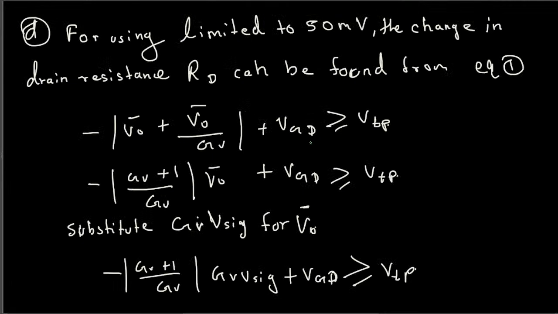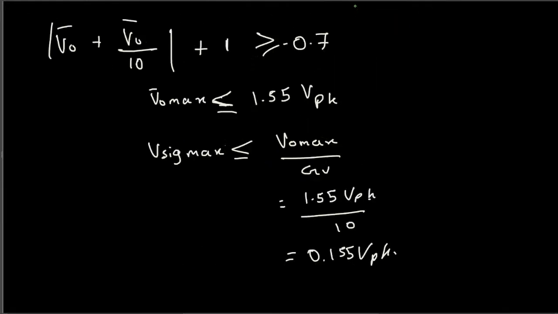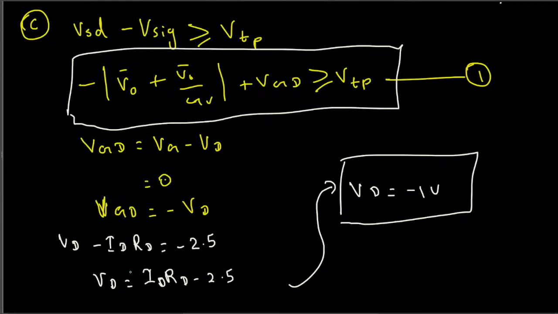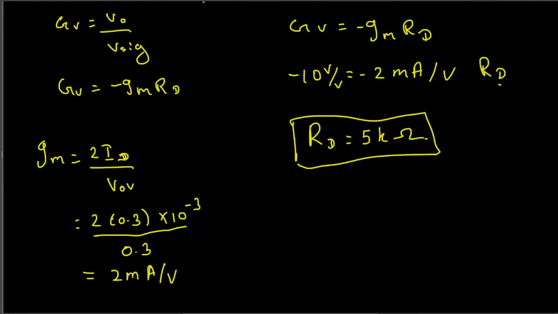If we do that, then this equation becomes, and also instead of GV we can put minus GMRD, because the transconductance equation is given by this: GV is equal to minus GMRD. We can do that ourselves.